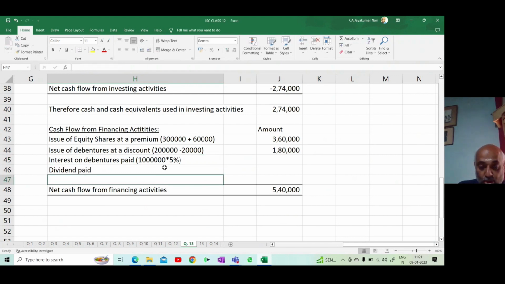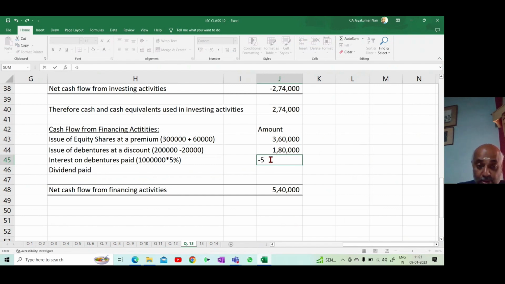Debentures carry 5%. So 5% of 10 lakhs. How much is it? 10 lakhs into 5% is 50,000. You're paying a debenture interest, and dividend paid is given to you.